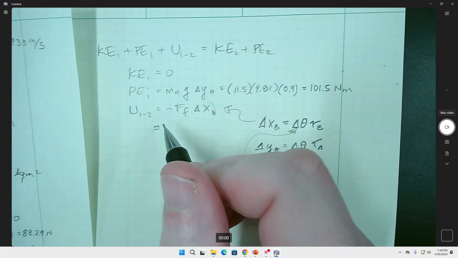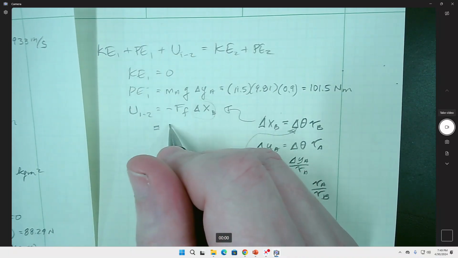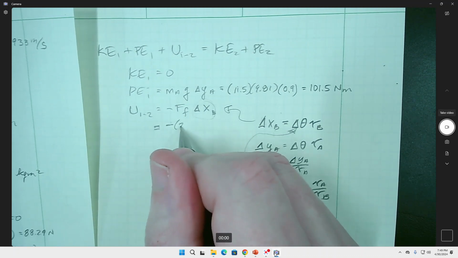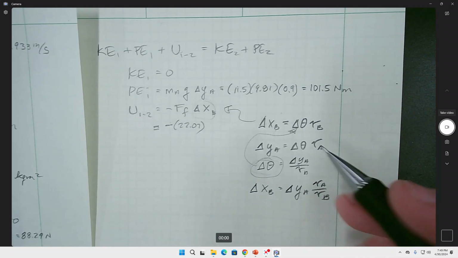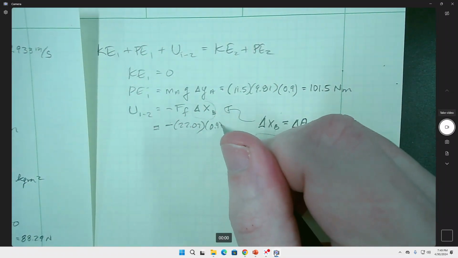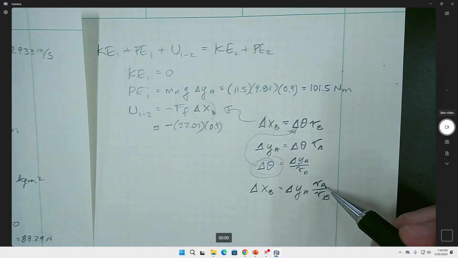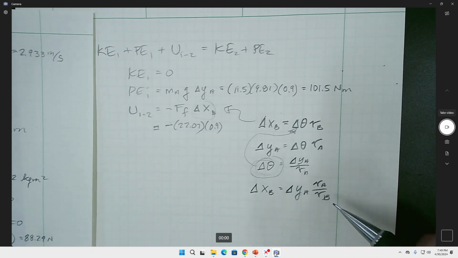So let's see, we have a value for this being negative 22.07, and I didn't leave myself a lot of room. It's going to go 0.9, and this is going to be 0.25.